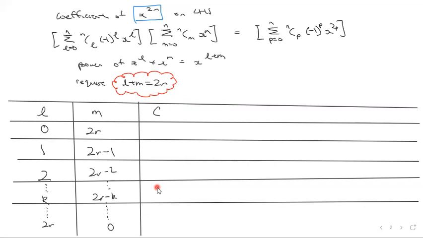Well, the coefficient of the L is just going to be subbing in that. So that's going to be -1 to the 0, NC0. It's going to be -1 to the 1, NC1. It's going to be -1 to the 2, NC2. Dot, dot, dot. So it's going to be -1 to the K, NCK. And it's going to be -1 to the 2R, which is just going to be positive, of course, NC2R.